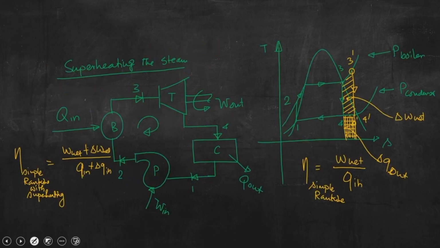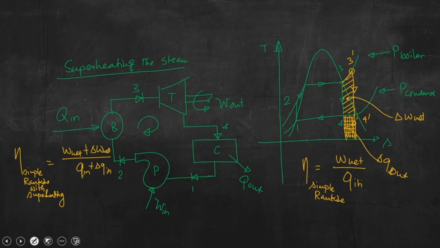Now, QL is increasing, but that increase in QL, the amount of heat which is rejected, is linear, while the amount of heat that we are supplying is non-linear.